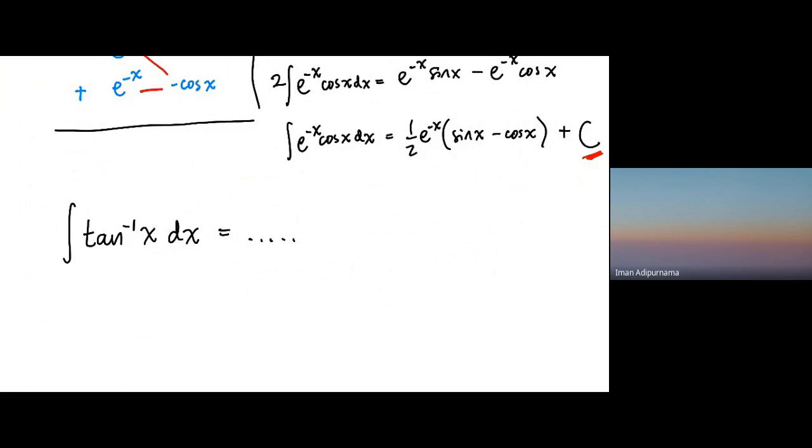So I think we can make the tangent inverse the differentiable part, and the x we can integrate. So you can write it as a regular UV integration by parts if you want.